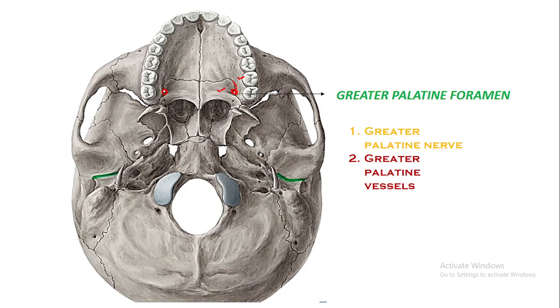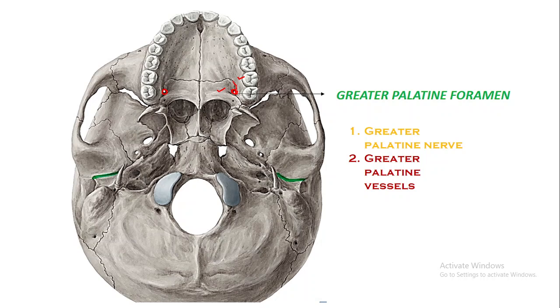And second, this greater palatine nerve supplies the hard palate, the gingiva, and the glands of the palate. And lastly, there are the greater palatine vessels, which pass through the greater palatine foramen. The significance of the greater palatine foramen is that it is also a site of local anesthesia whenever there is a procedure in the posterior part of the maxilla.